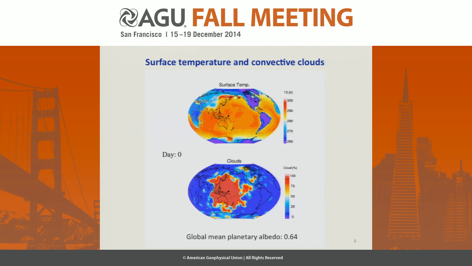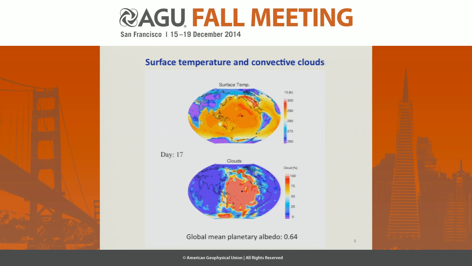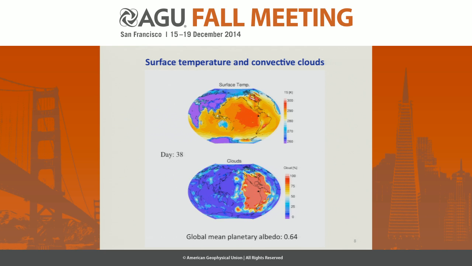Let's show the seasonal cycle of the climate. This movie shows the surface temperature and convective cloud as a function of time. The upper panel shows the surface temperature.